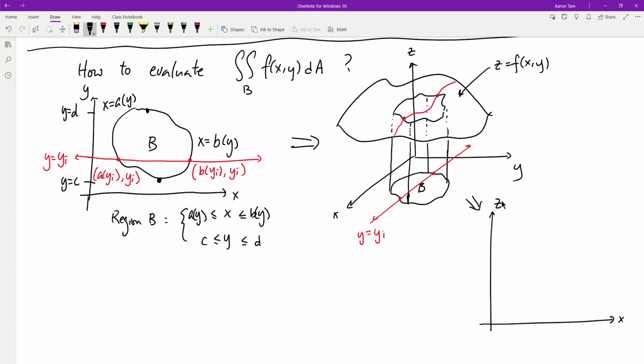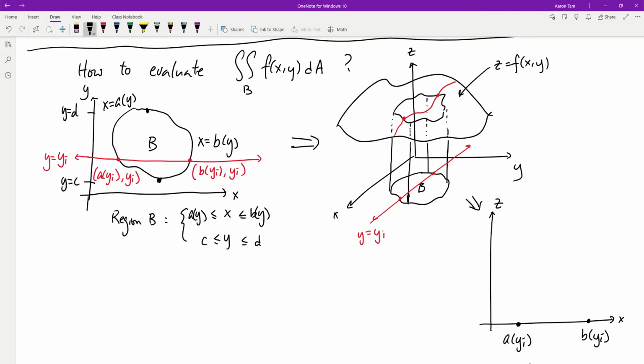And I would see this line. Actually, no. I will see the line that intercepts at these 2 points on this line. One of them will have x-coordinate A of y sub i, and the other one will be B of y sub i.